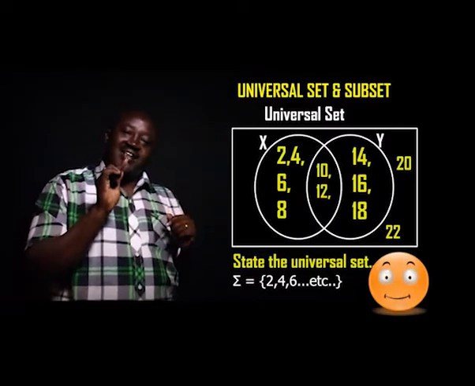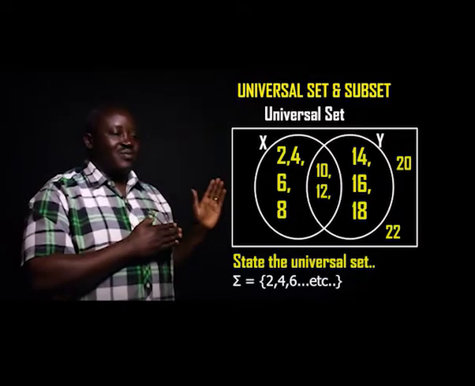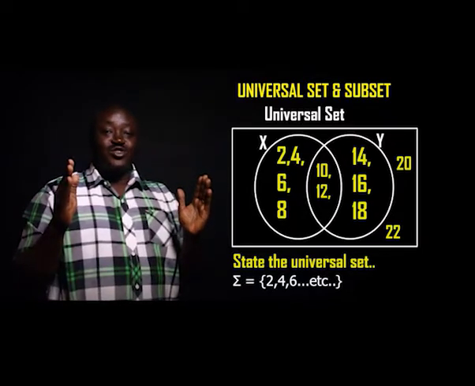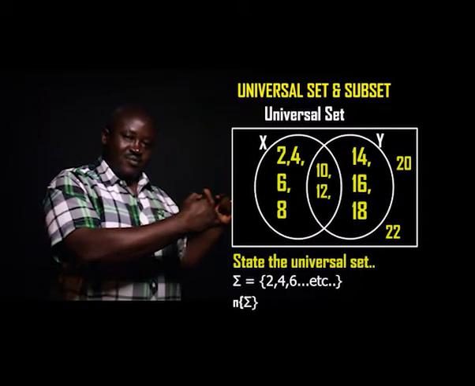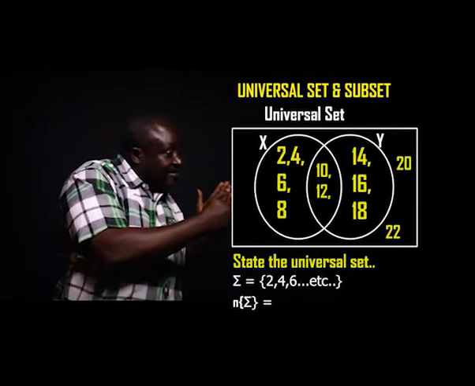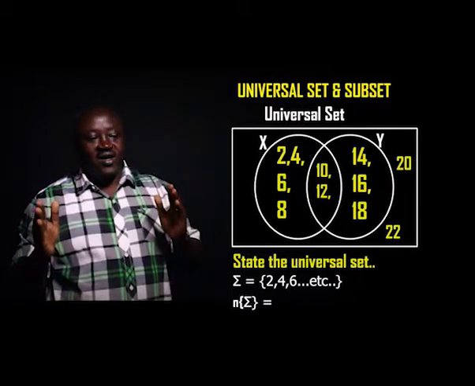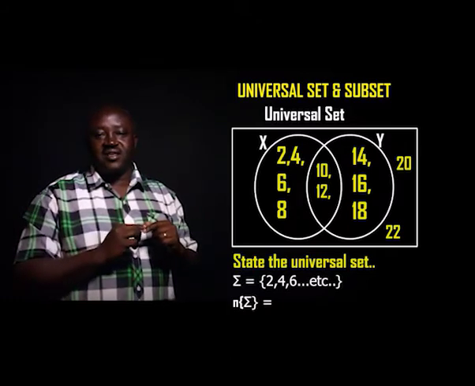Now, you can also be asked on the same diagram to give the number of members in this universal set. So, therefore, what you will do, you will just count the number of members.